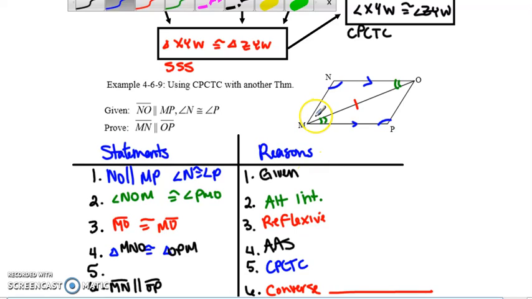So this angle right here is NMO, there we go. And that is congruent to angle POM by CPCTC, because we know it's part of the triangle that this one has to be congruent to that. But what kind of angles are those? Those are alternate interior that go alongside our two sides we're trying to prove parallel. So alternate interior angles, and the converse proves parallel.